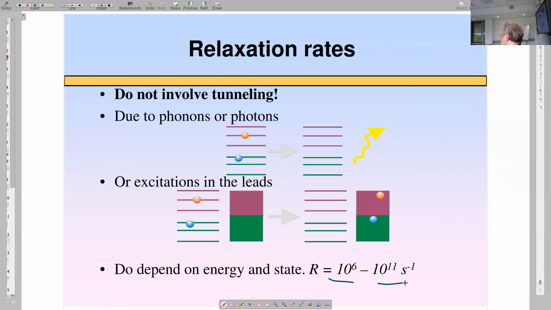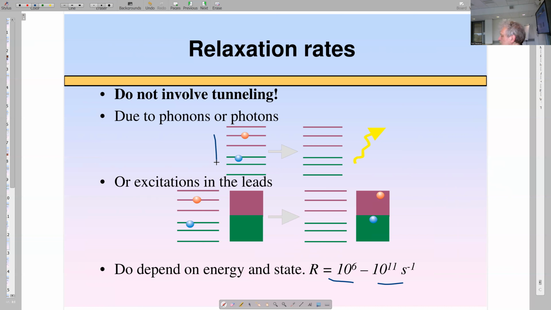Let me just mention the most important issues. If I have an excited state in the dot, like an electron-hole pair, it would like to relax and annihilate. But it has to dump energy somewhere, right? That's why some environment is needed for relaxation.